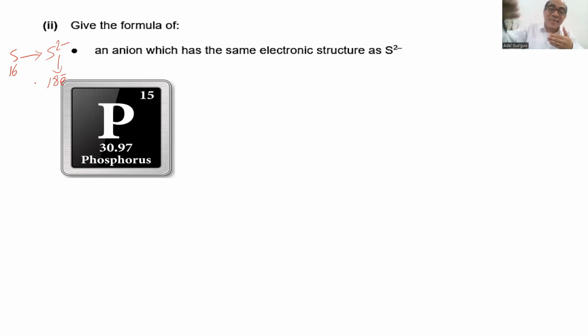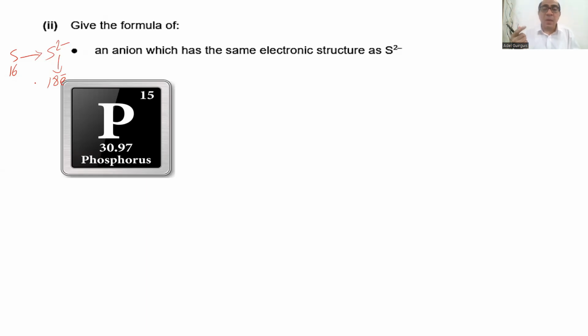So it is attracted towards the positive pole of a battery or electrolytic cell, in a later chapter on electrolysis or electrochemistry. An anion means an ion carrying a negative charge, which moves towards the anode with positive charge, and which has the same electronic structure as sulfide, S minus 2.